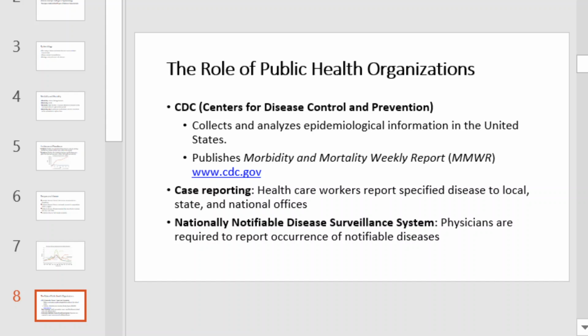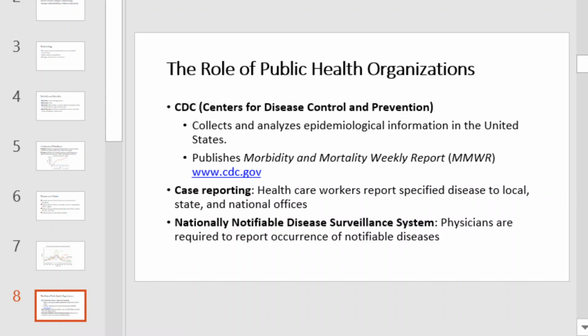The role of public health organizations. Probably one of the most well-known public health organizations is the CDC. CDC stands for the Centers for Disease Control and Prevention. The CDC collects and analyzes epidemiological information in the United States and publishes morbidity and mortality weekly reports.